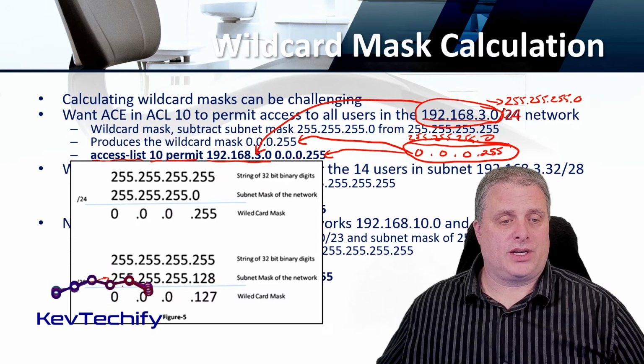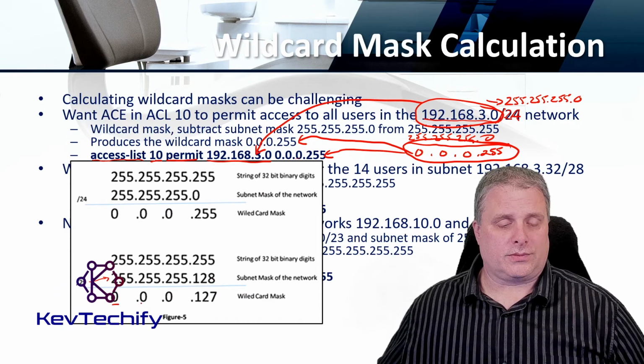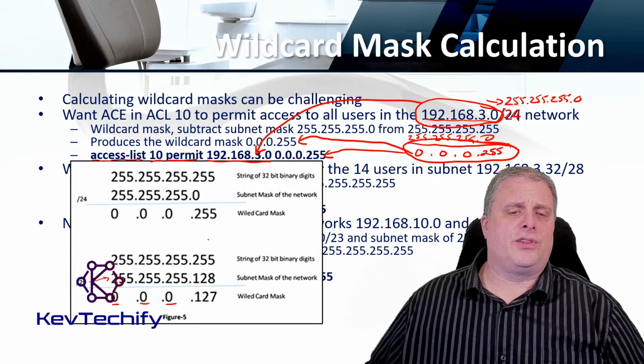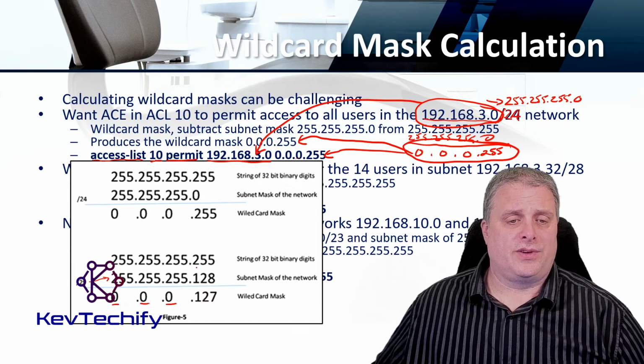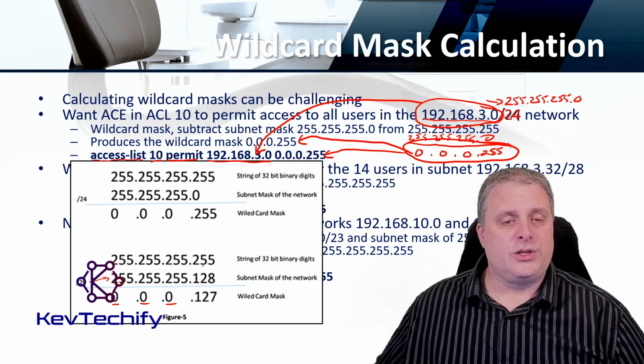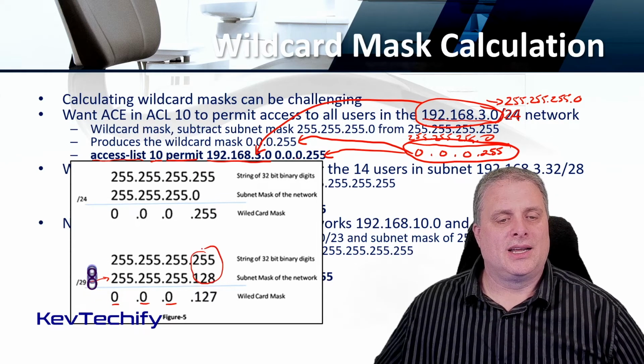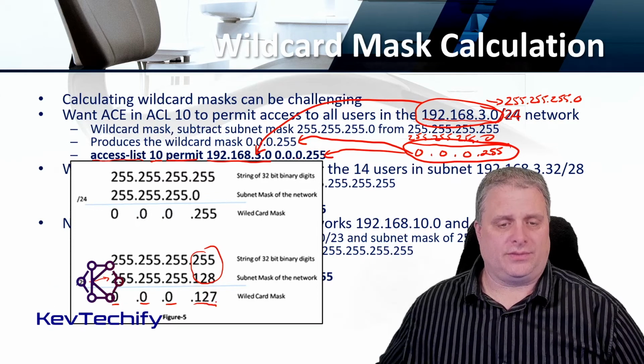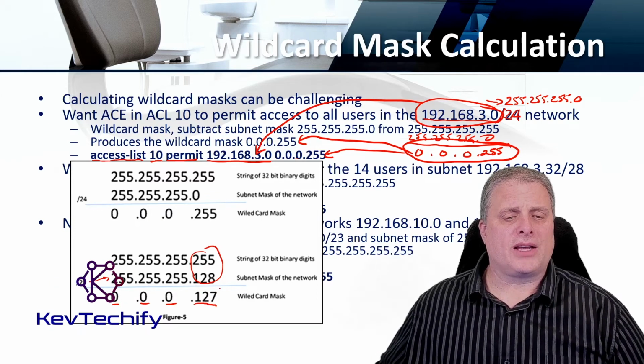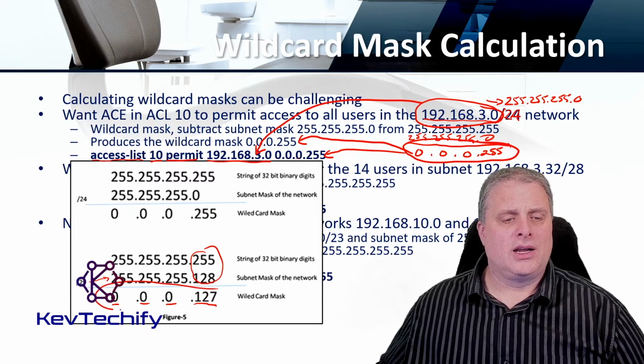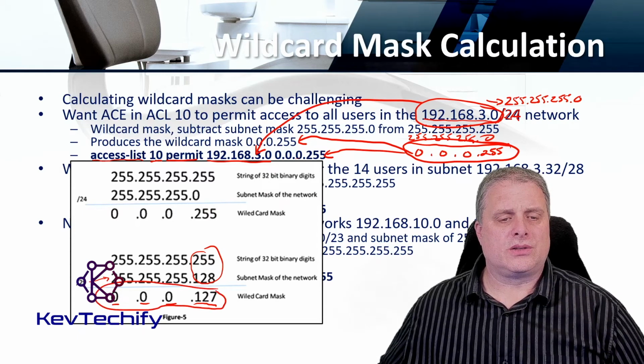So 255 minus 255 is 0. 0, 0, and then finally in the fourth octet, 255 minus 128, that gives us the value of .127. So our wildcard mask right here, 0.0.0.127.